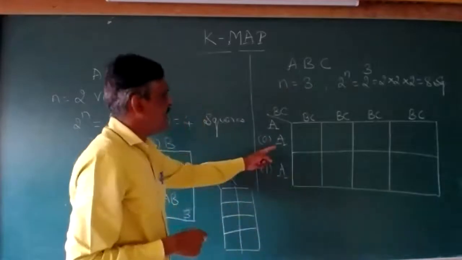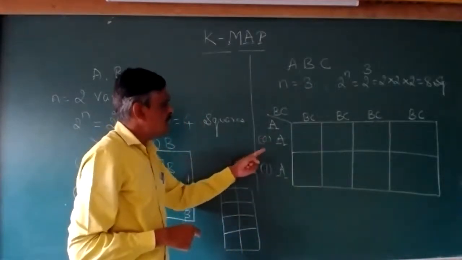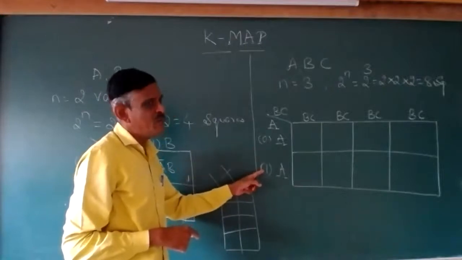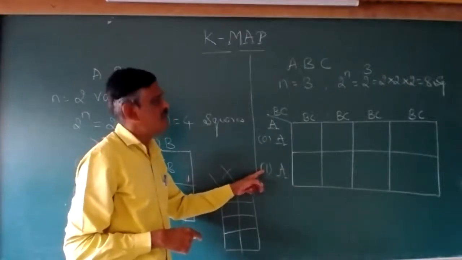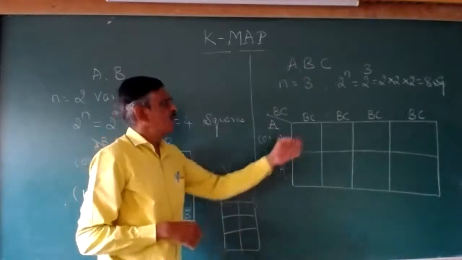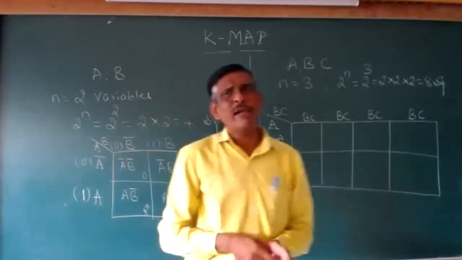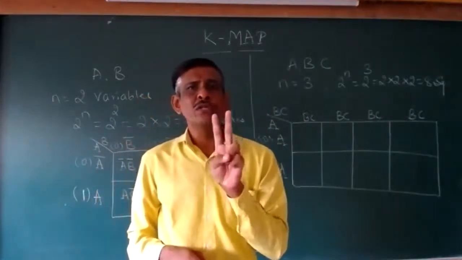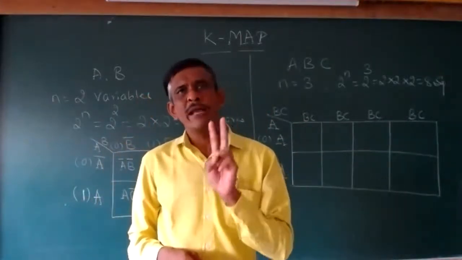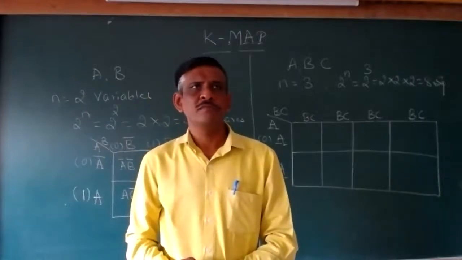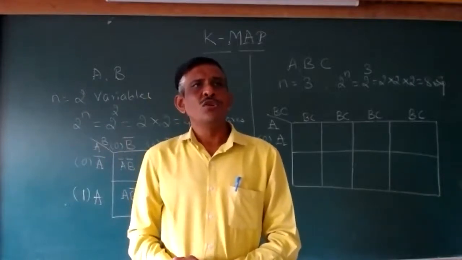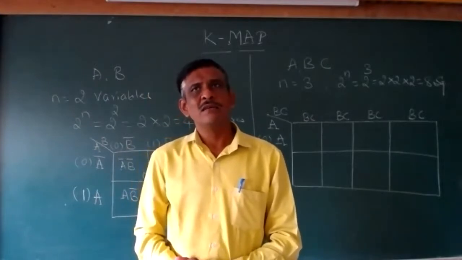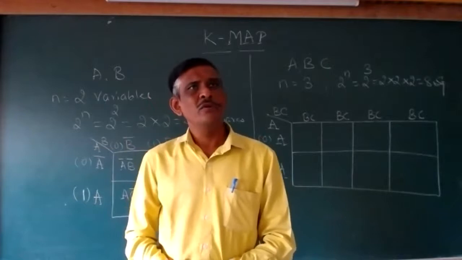Here there is only 1 variable, so I use a single digit binary number, 1 bit binary number, to represent different sets of values. Whereas for representing columns, I have to follow again binary numbers, but there are 2 variables, so I should use 2-bit binary numbers, that is 0, 1, 2, 3.